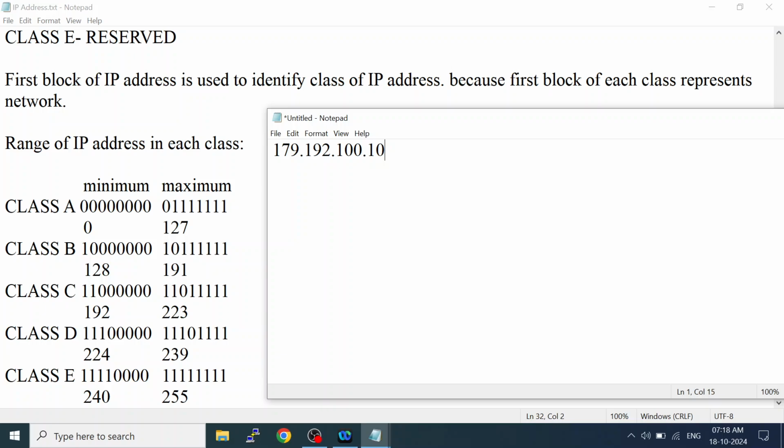How many of you think class A? Raise your hands. Class D, B, class B. Confused? Backside? And class C.